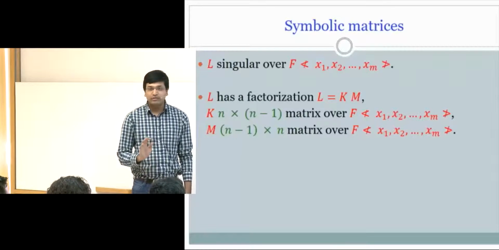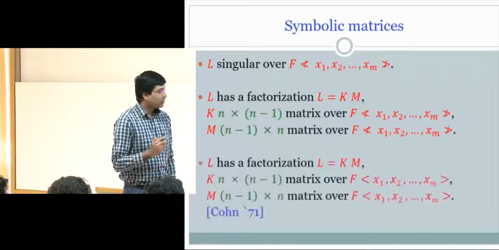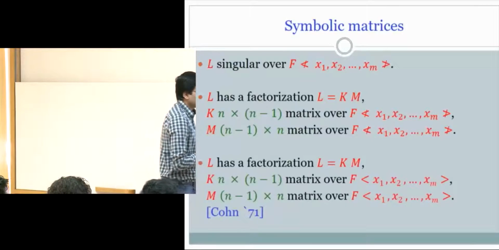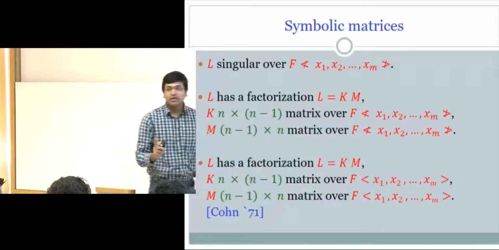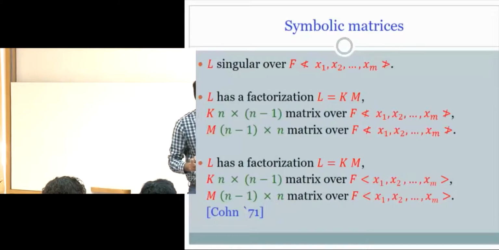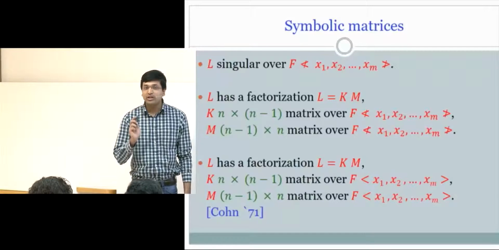This is the definition of being singular. Cohn proved an amazing theorem in the 70s that if L has a factorization which uses non-commutative rational functions, then it also has a factorization which uses only polynomials. L will have a factorization into K times M, but the entries of K and M will only be polynomials in x_1 to x_m instead of being rational functions.